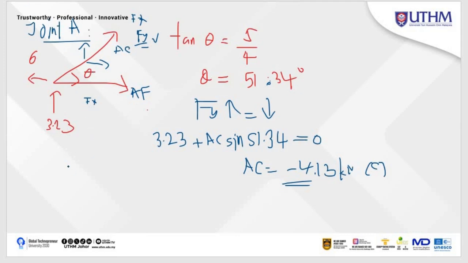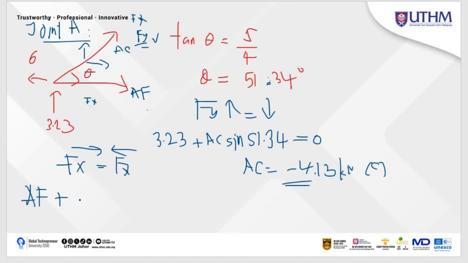Now we look at Fx, because we have not found the member force of AF yet. Left equals right. Now we have AF, which is in the x direction, so no angle is involved.